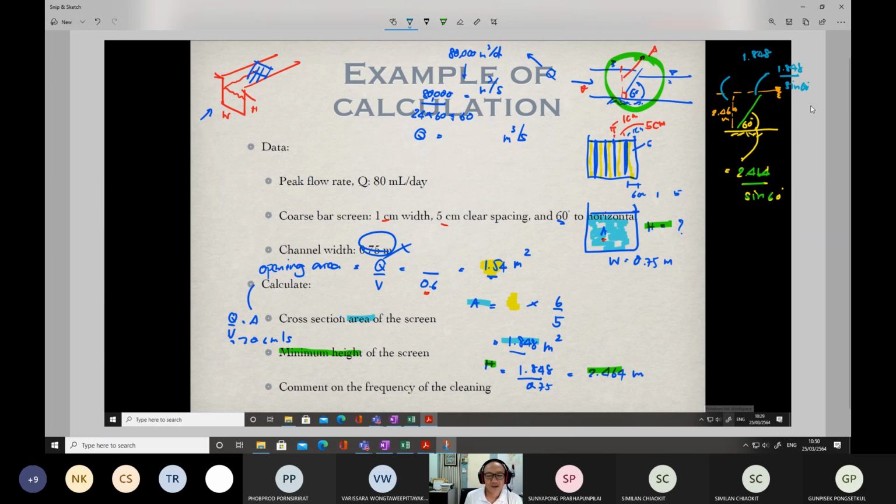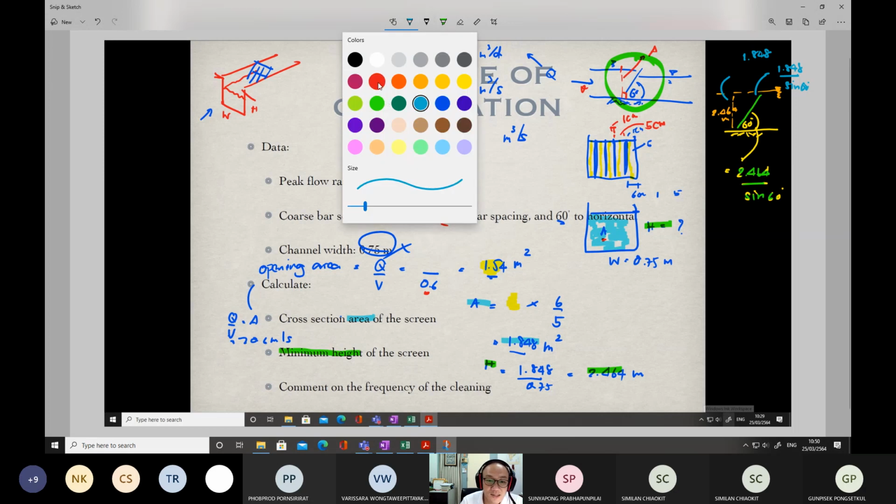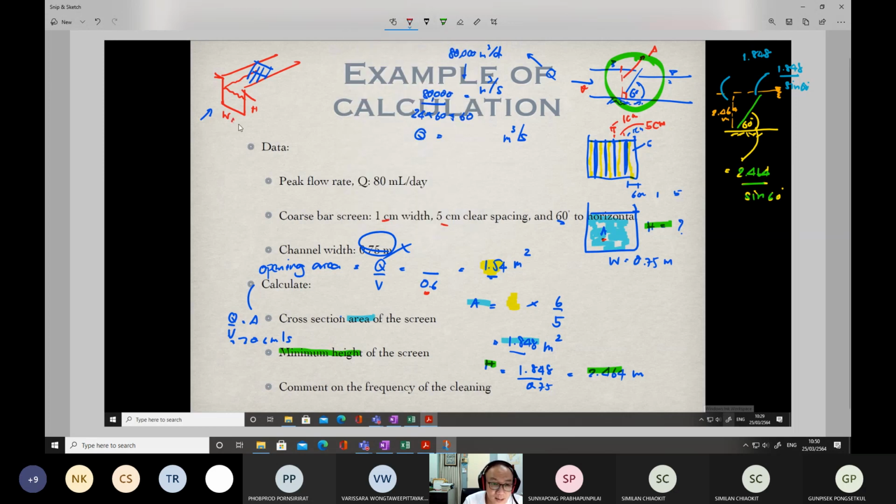Okay, so this is about how we determine the size of the chamber. So now the width is 0.75 and the height is 2.464 meters.